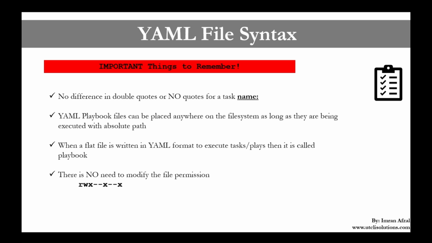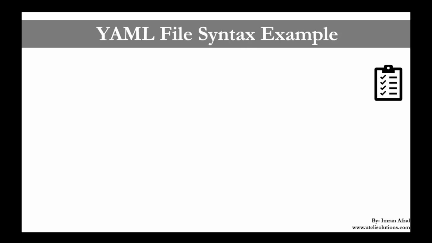So anyway, these were the few important things that you should know and remember before you start creating your playbooks in YAML format. So the very first thing you would do when you log into your Linux system, then you use a VI or Vim editor, and then you specify the name that you want to choose for the file.